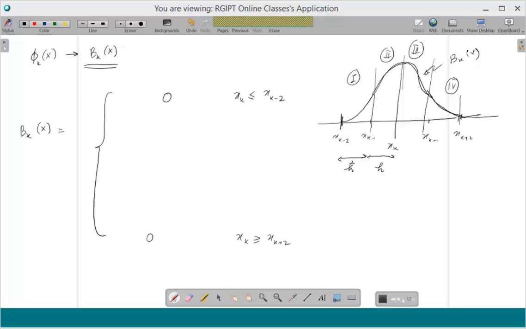We'll assume that subsequent points are equidistant. That's not necessary actually. You can also have non-equidistant points.